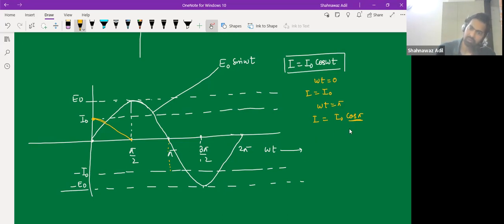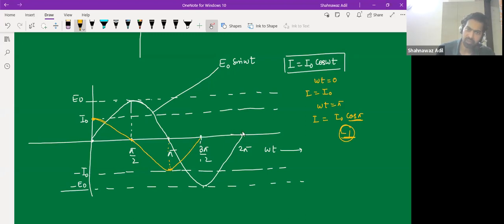Cos pi is minus 1, right? Second quadrant. In the second quadrant, cos is negative. So minus 1. This will reach here. And then at 3 pi by 2, it will be 0.